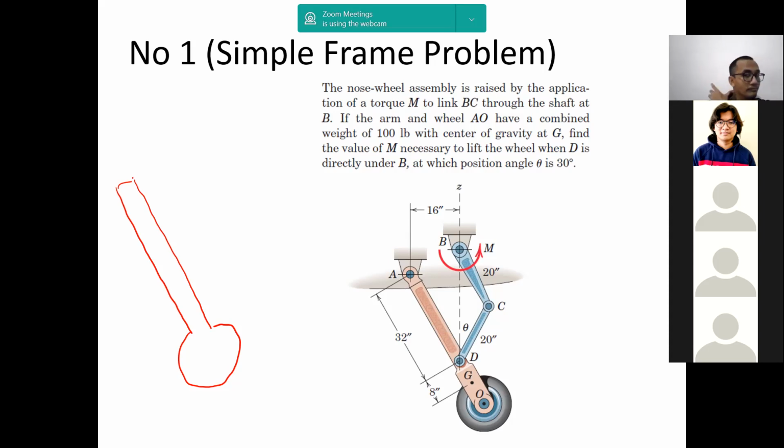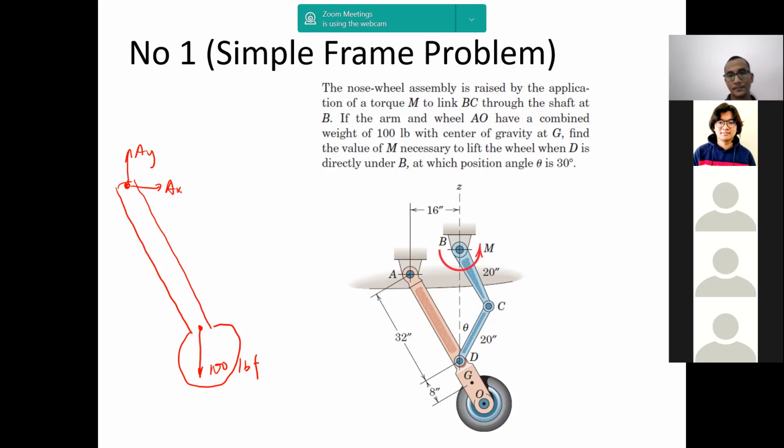Something like this. What forces do we have here, Randy? The weight, sir, at G. What is the value of the weight? 100 lbf. What else? We have force at A. A is a pin joint, so we have AX and AY.